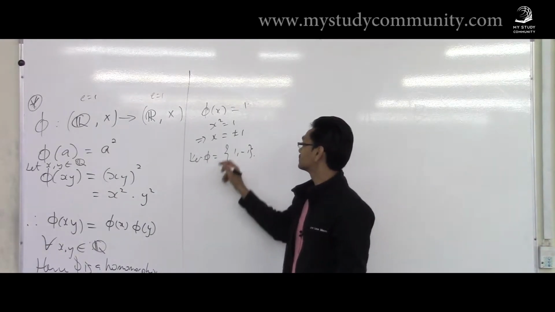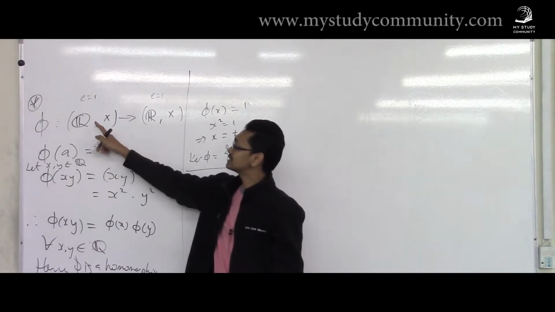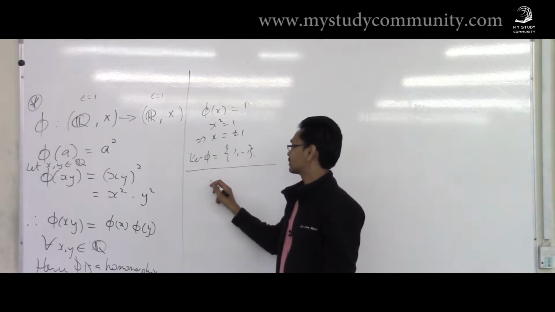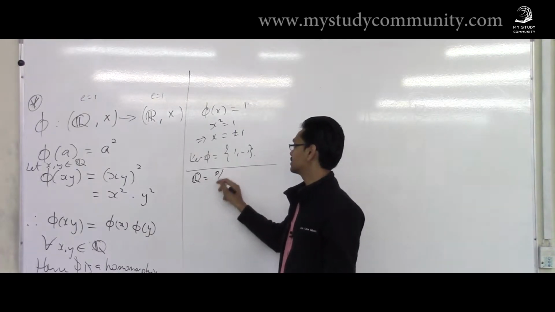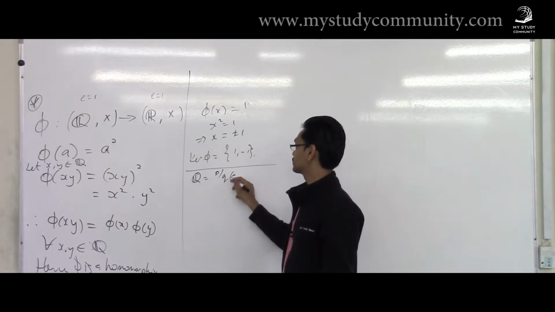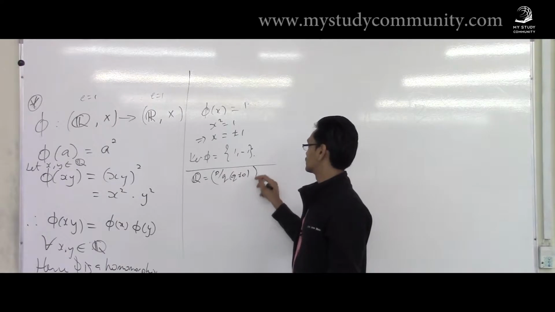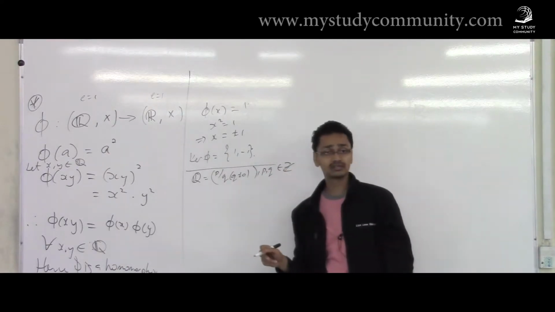So what this says now is this set Q. So remember, Q would be all rational numbers. It would be p over q, where q is not equal to 0, such that p and q are integers, yes?